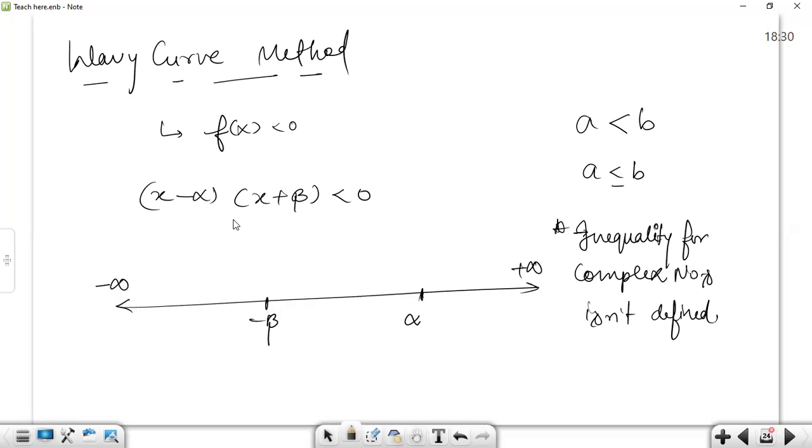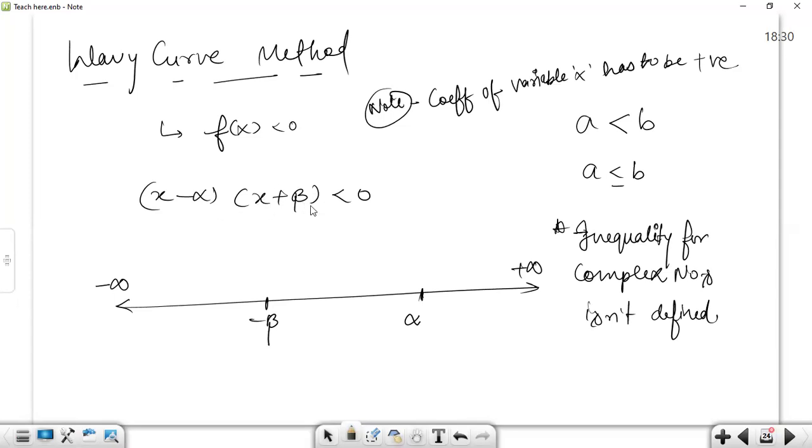Now, the coefficient of the variable, what are we finding out about? x, right? So we have to make sure that the coefficient of the variable x here is positive.